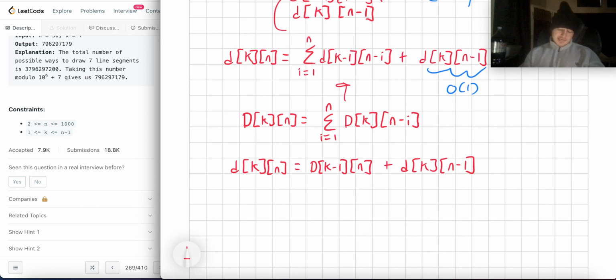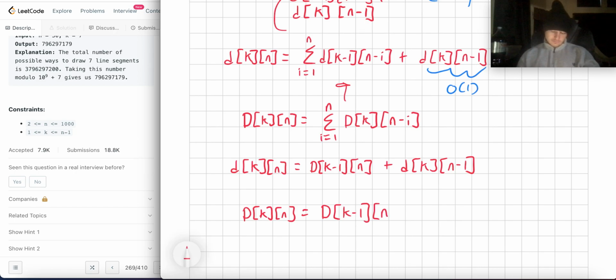We could update dk of n by saying dk of n equals d of k minus 1 of n. Because what is dk of n in terms of dk of n minus 1? It should be small d here. All the way up to n.